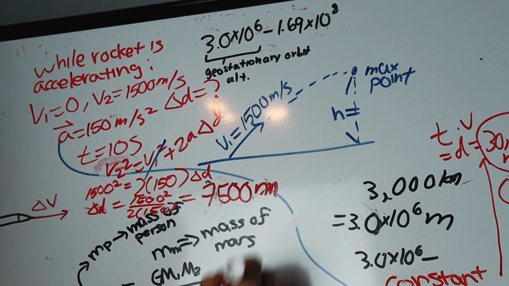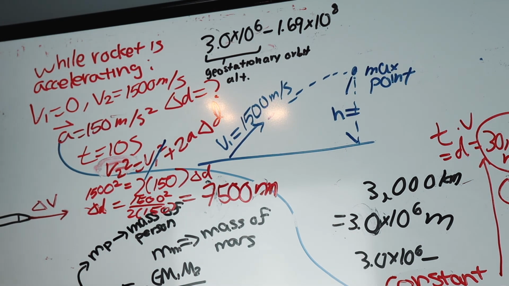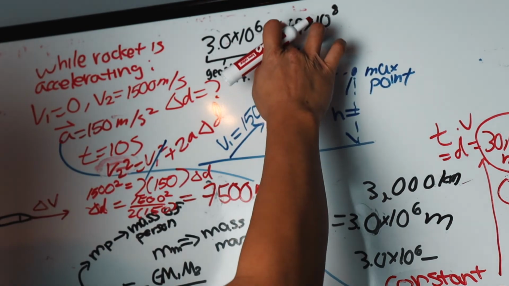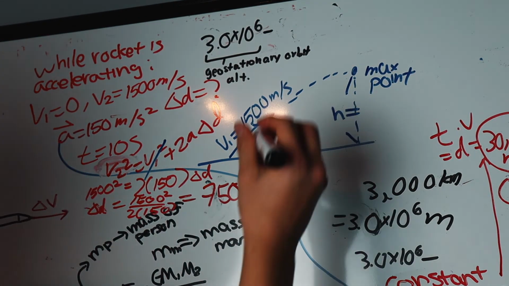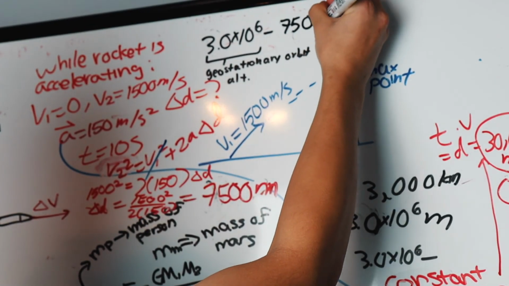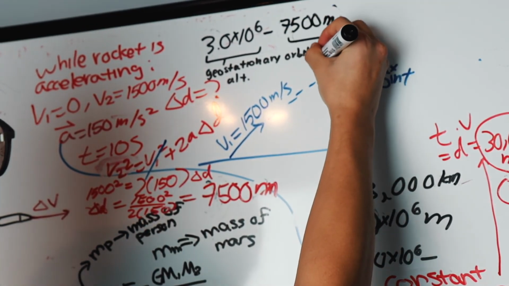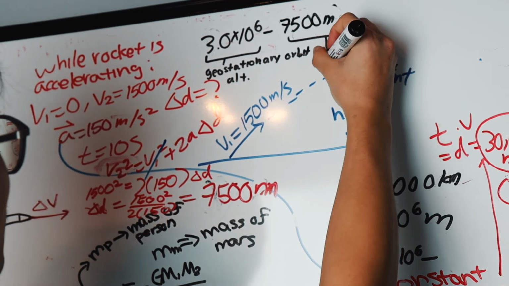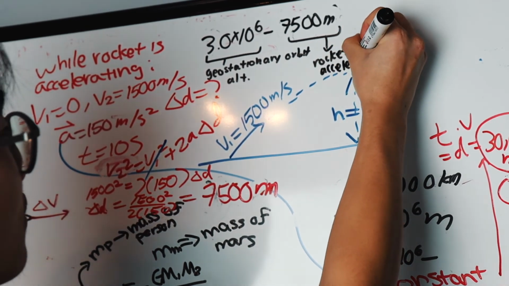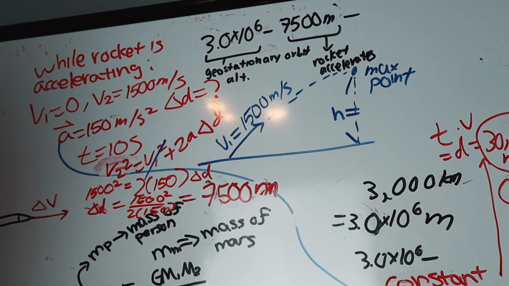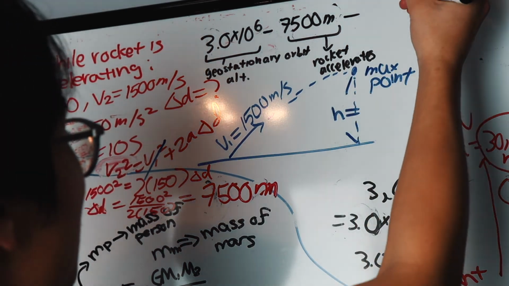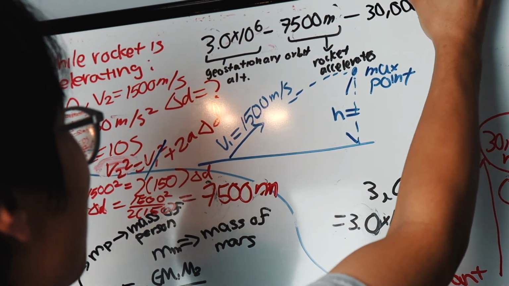So it's going to be 7,500 meters, which is what we covered while the rocket accelerates, and then minus what we covered while the rocket is in constant velocity, which is 30,000 meters.